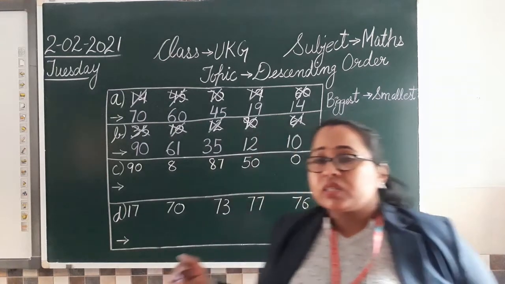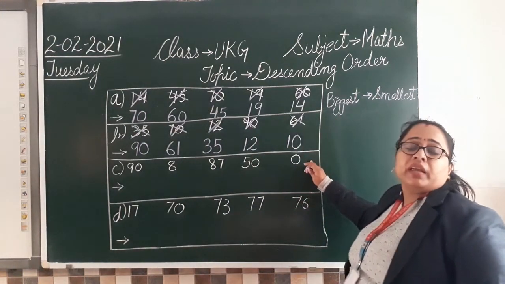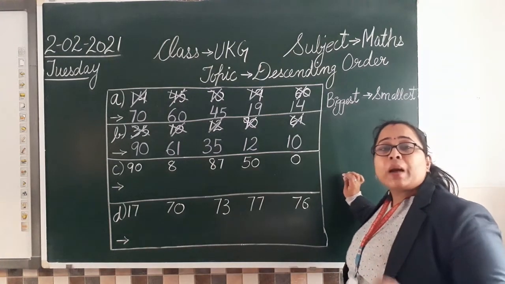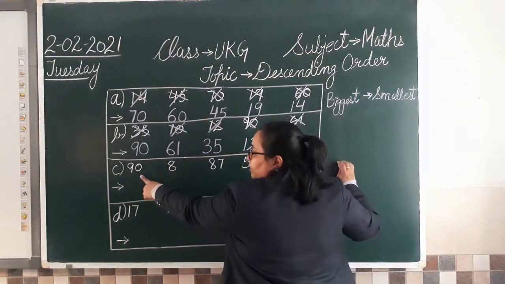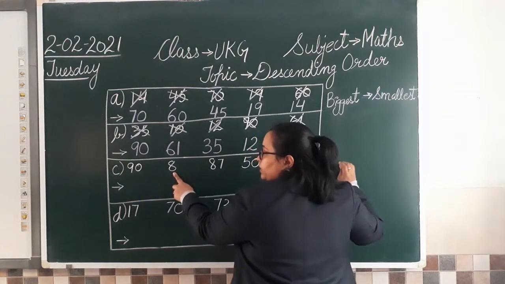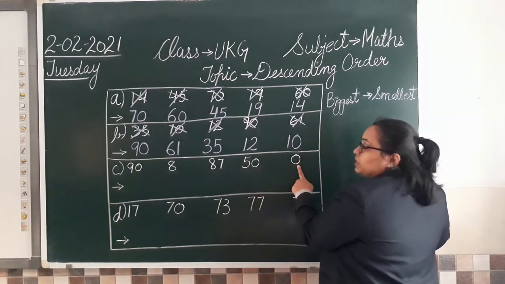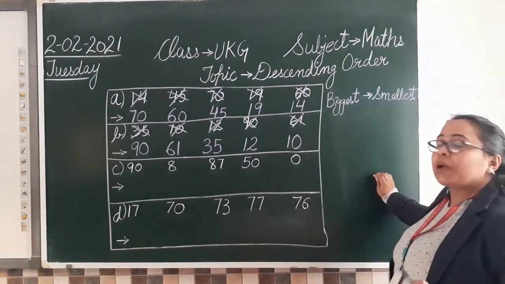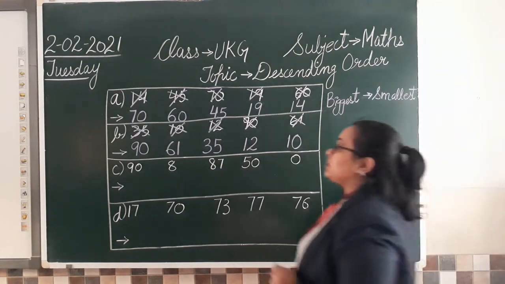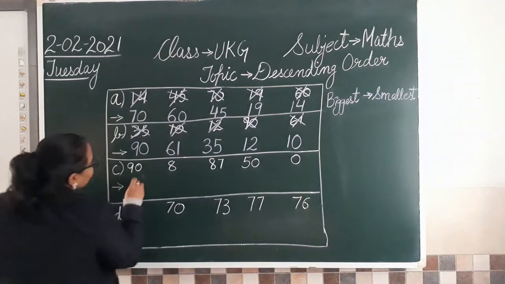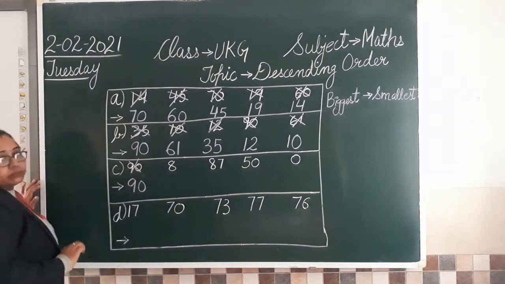So just have a look at these numbers again, read them again carefully and then tell me which number is the biggest one. 90 is biggest. Yes, again we have 90 here. So we are going to copy 90 and put a cross here.